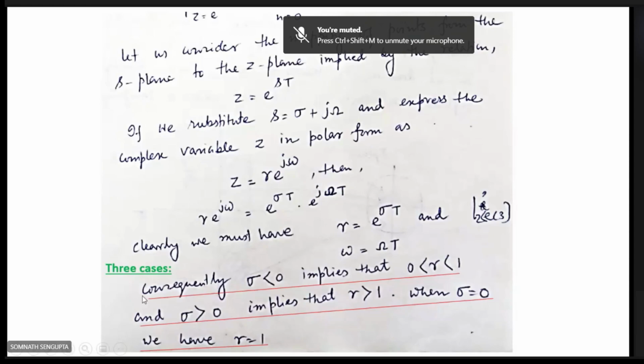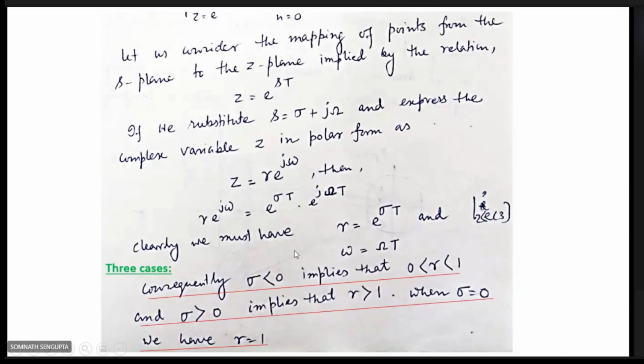R is equal to, with this relation, e to the power sigma t, and e to the power j omega t. Here small omega is in the Z plane, and in the S plane capital omega denotes analog frequency, and small omega is the digital frequency.